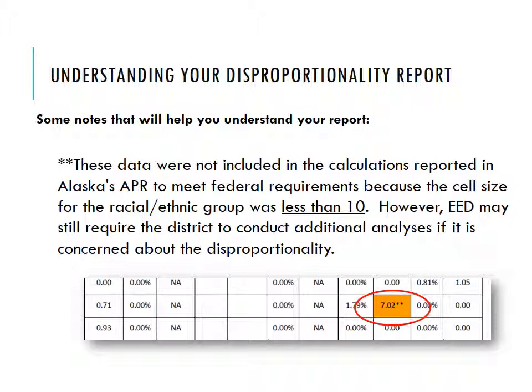Those, for the purposes of calculation, are statistically insignificant, and so we do not include those in our reporting to the federal government, but we point those out to you so that you can go through and just see if there are any concerns that you can follow up on. We may also, if we see that over the course of time as a state agency, ask you to follow up with some additional analysis.